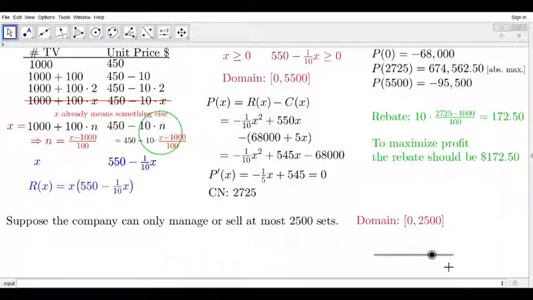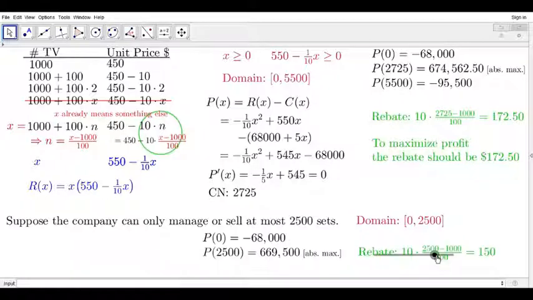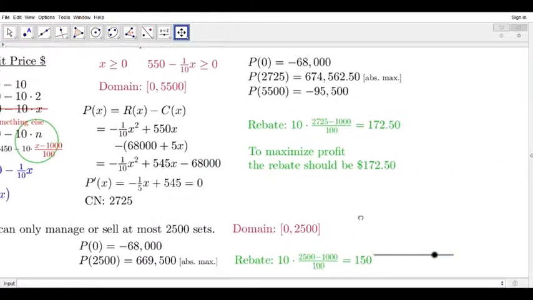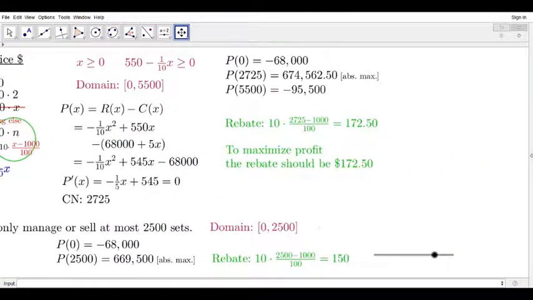So instead of doing three function evaluations, it would just be these two, P of 0 and P of 2500. So because then the situation is going to change, we see that the profit is different, but hey, it's a different context, and the corresponding rebate computed similarly will be a different amount, 150. All right. So, yay.